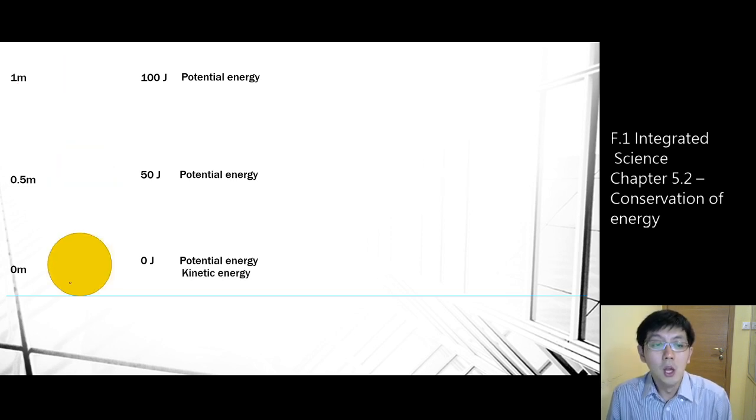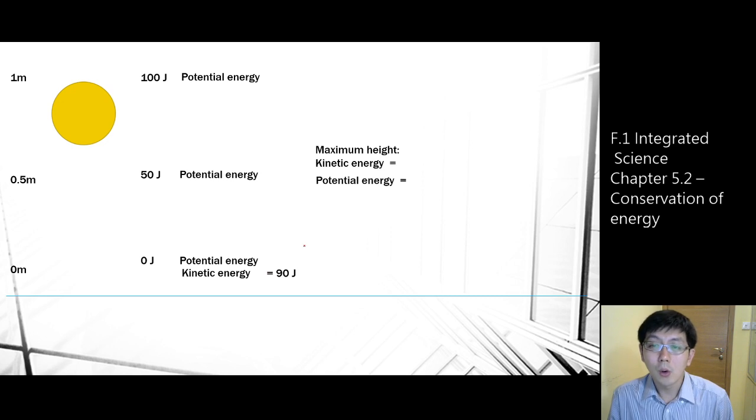So if the kinetic energy of the ball is just 90 joule, when it reaches the maximum height, what will be the amount of kinetic energy and potential energy here? Now, what do you think about this first?